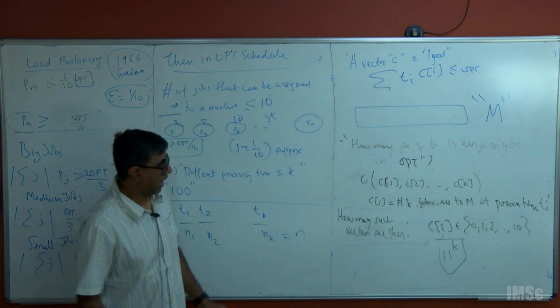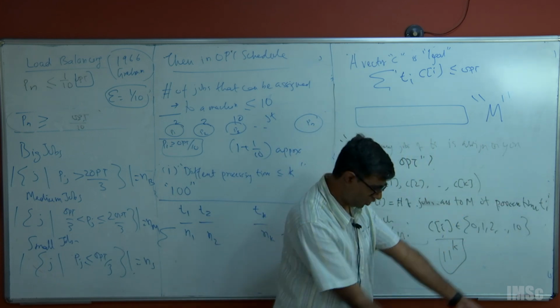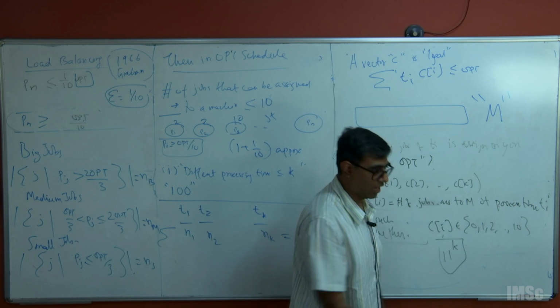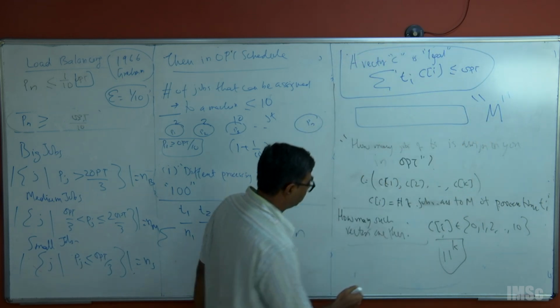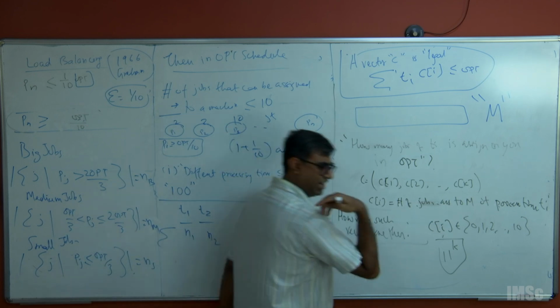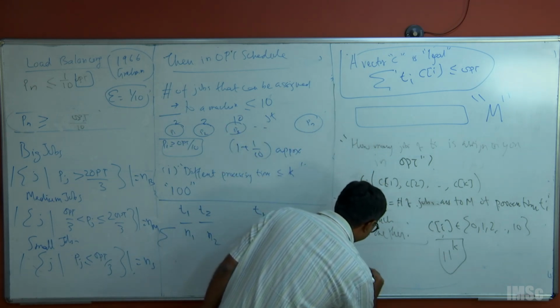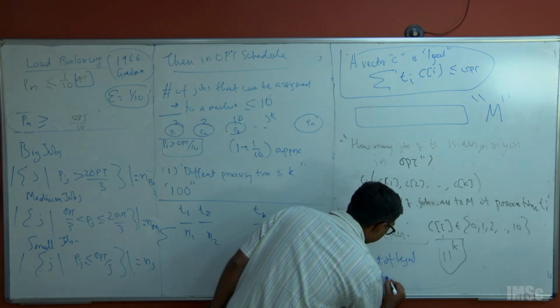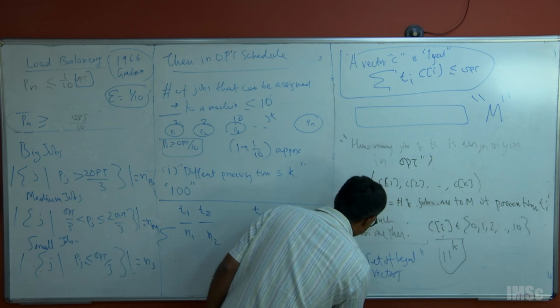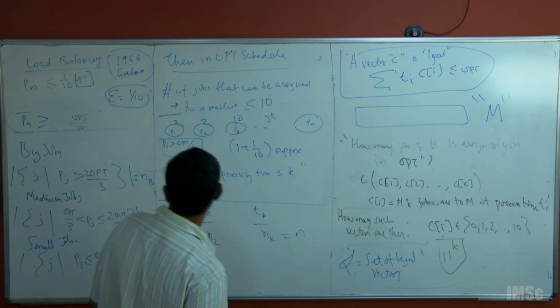You understand? If you put this and the total amount of time is more than opt, this is why it is not legal. You should not be assigning this, because in opt this assignment never happens. This is a legal vector. So first of all, you take your vectors and delete all illegal vectors. Okay. So now let L be the set of legal vectors. Excellent. Now I'm not going to tell you anything more.